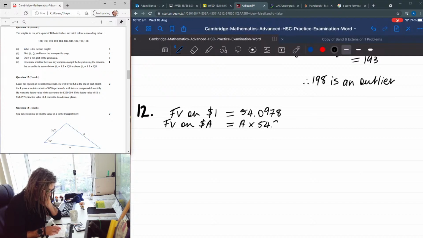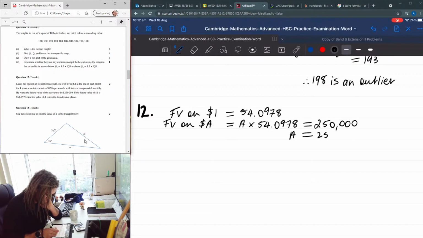Yeah, that makes sense, doesn't it? It's a weirdo. Okay. And that's going to be equal to, so it says the future value is that much. Oh, that's equal to 250,000. I've literally got a one-step equation here. A equals 25.